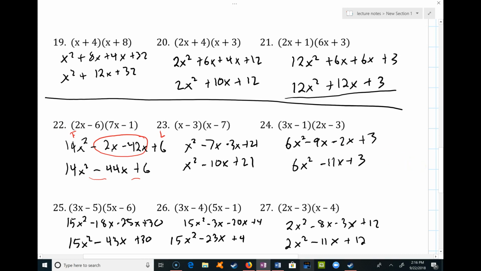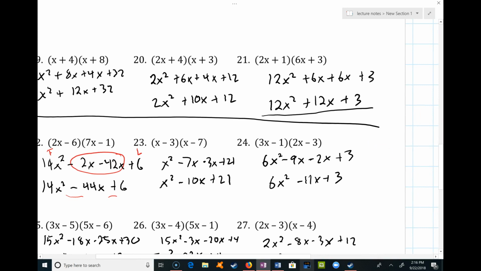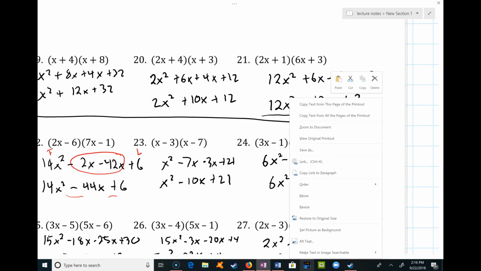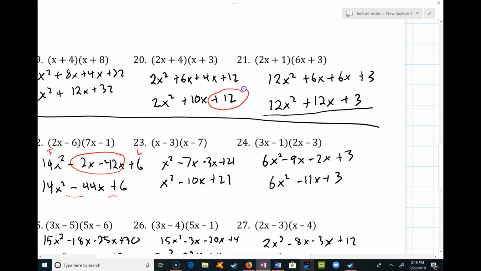So the thing that I noticed is that when the last term is positive, then the binomials have the same sign. Notice here that my last term is positive, and they're both positive. My last term is positive, they're both positive.